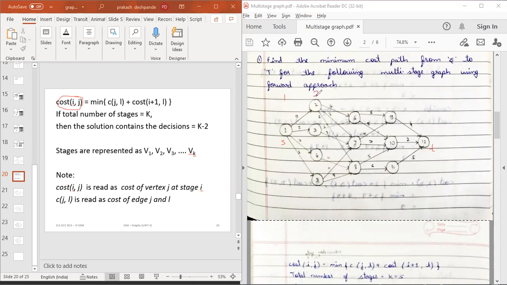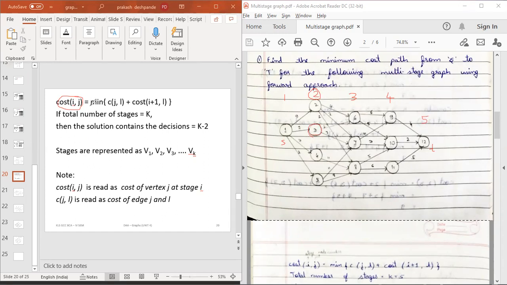Let us write the stage numbers here, 2, then this is 3, then this is the stage 4, and then this is the stage 5. So if I want to calculate the cost of 2, 3, 2 means the stage is 2, and in this particular stage, the vertex 3, that is this particular vertex. So the cost of this particular vertex, that is 3, at the stage number 2, I need to calculate. How can I calculate?